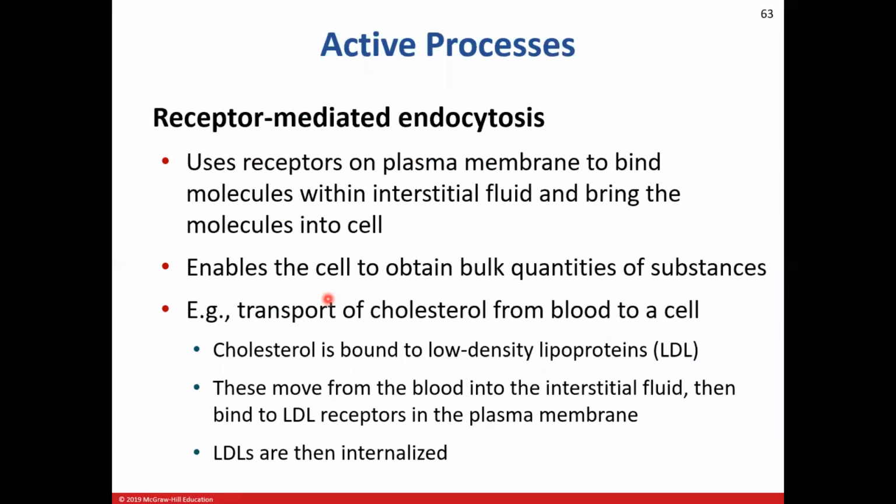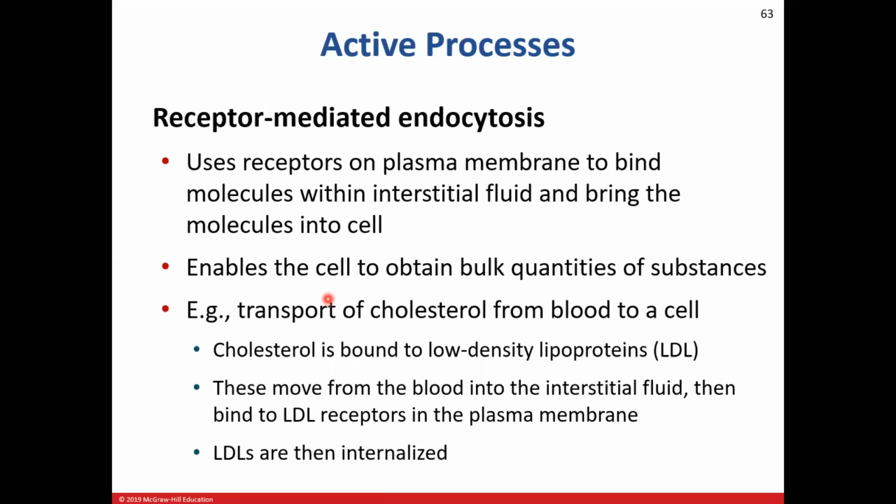Our last one is receptor-mediated endocytosis. Receptor-mediated endocytosis uses the receptors on the plasma membrane to bind molecules within the interstitial fluid and bring the molecules into the cell. What it does is it enables the cell to obtain bulk quantities of a substance. And so it can help transport cholesterol from the blood to the cell.